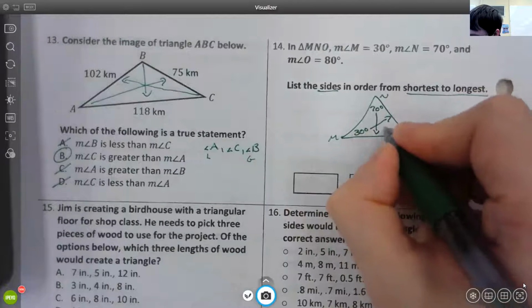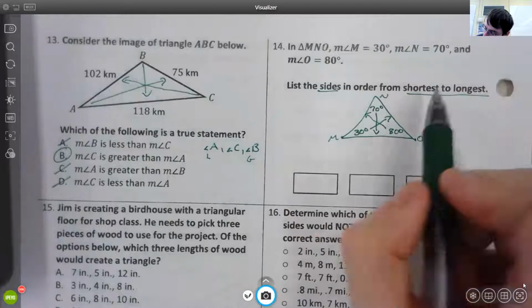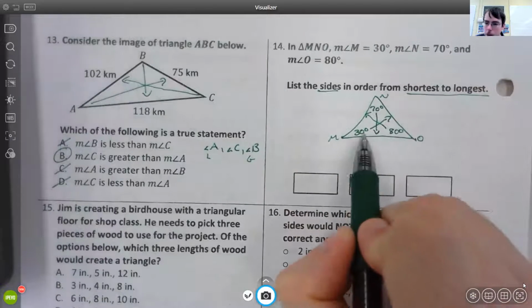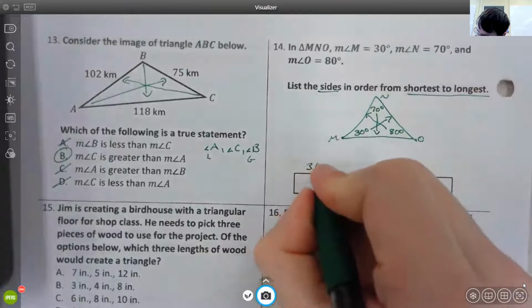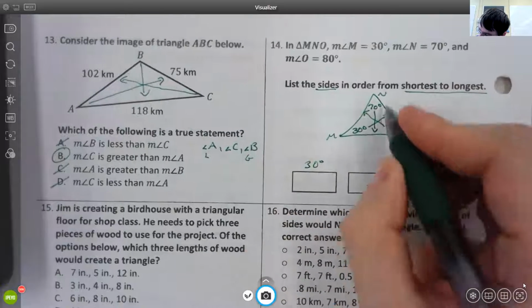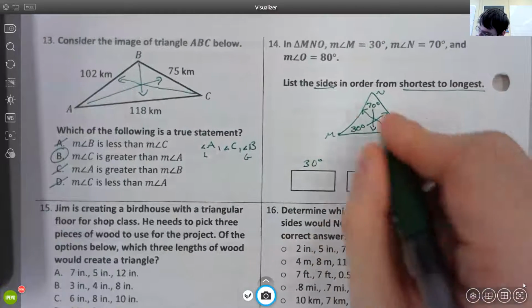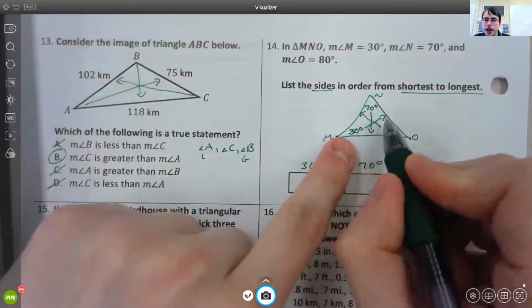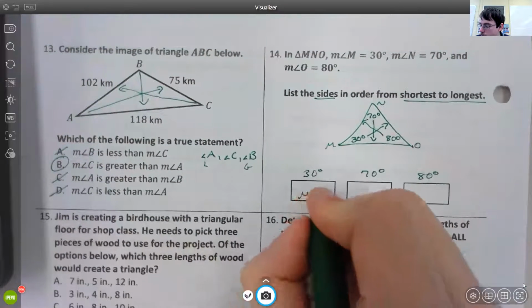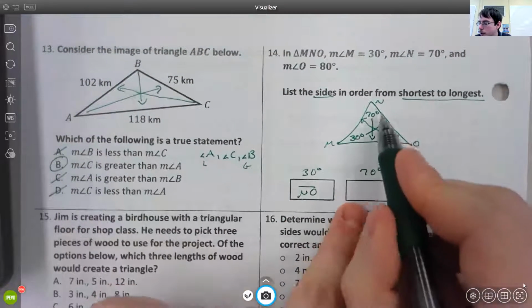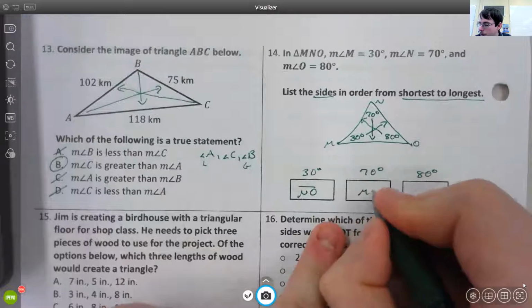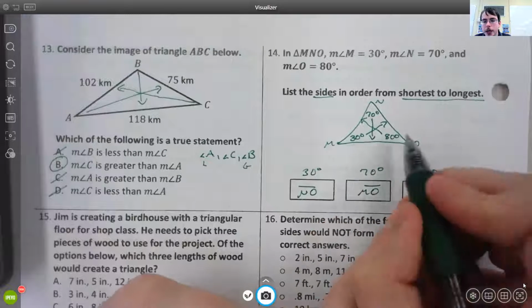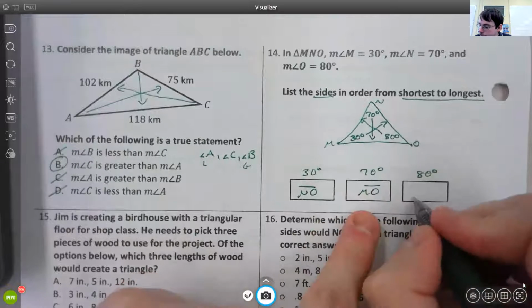Drawing our arrows. So we want our shortest to longest here. The smallest angle is 30 degrees. The next one is 70, and the next one is 80. Our 30-degree angle is opposite NO. Our 70-degree angle is opposite MO. And our 80-degree angle is opposite MN.